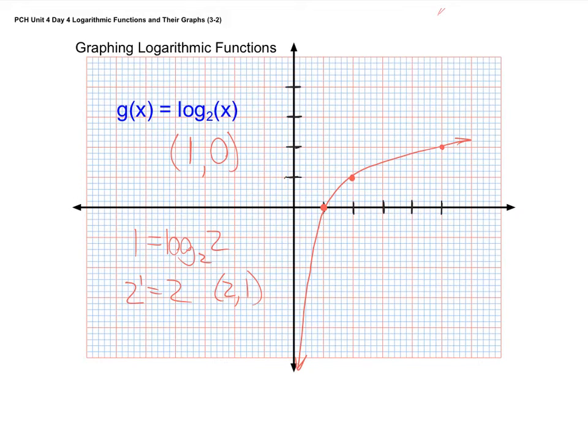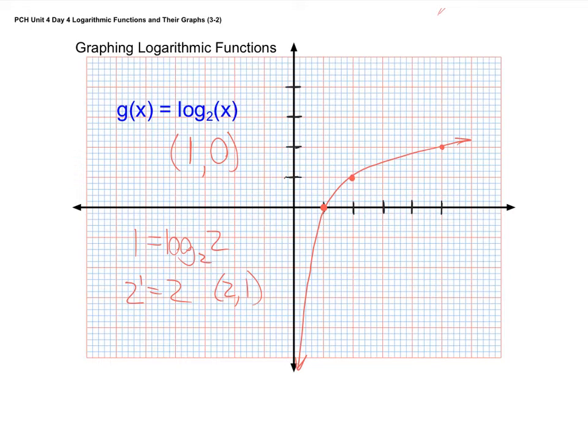You've got to get that into your head, and that makes the whole universe here easier to handle. What exponent of 2 gives us 1? Or what exponent of 2 gives us 0? Well, you can't. That's why we have the asymptote.